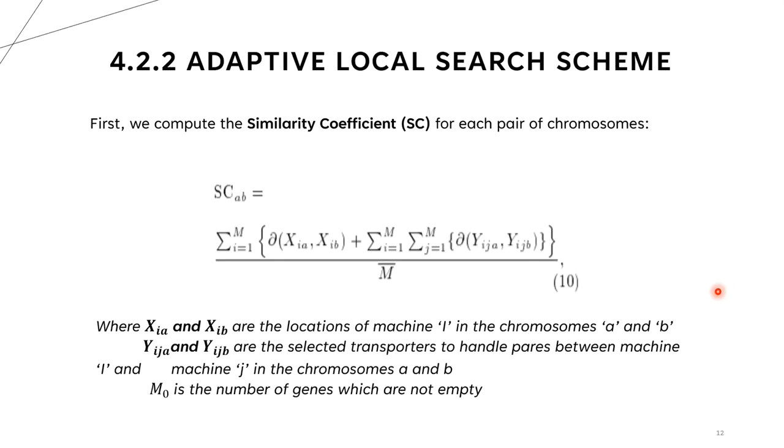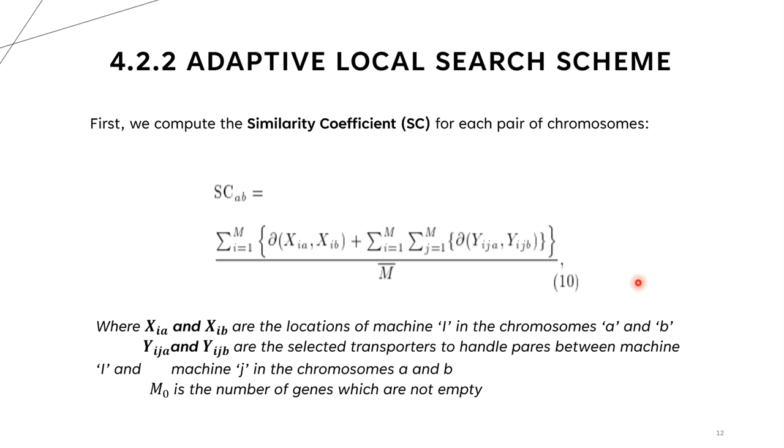Next slide, we come to the adaptive local search scheme. The HNSGA2 represented in this article uses the adaptive simulated annealing algorithm as the local search because of its good convergence rate. The local search operator has to intensify the search in various areas. First, we compute the similarity coefficient for each pair of chromosomes, as we can see in the picture.